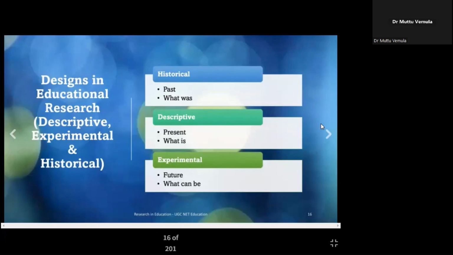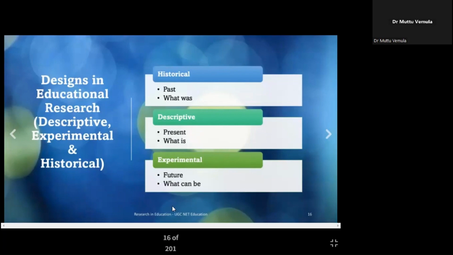You have to answer, by the way. What is the budget allocated during the financial year 23-24 by the central government for education in India? It belongs to the following type of research design: historical, option 1; descriptive, option 2; experimental, option 3; all the above, option 4. It is current, present, right? What is it talking about?